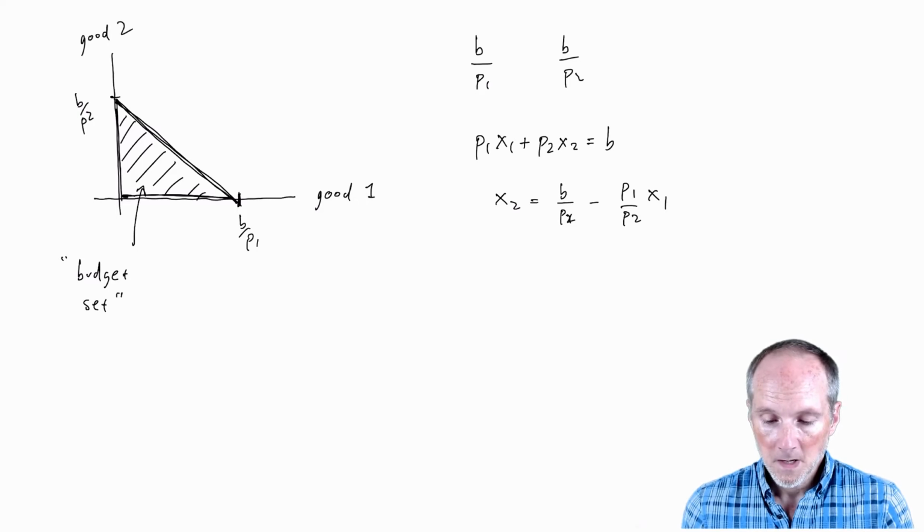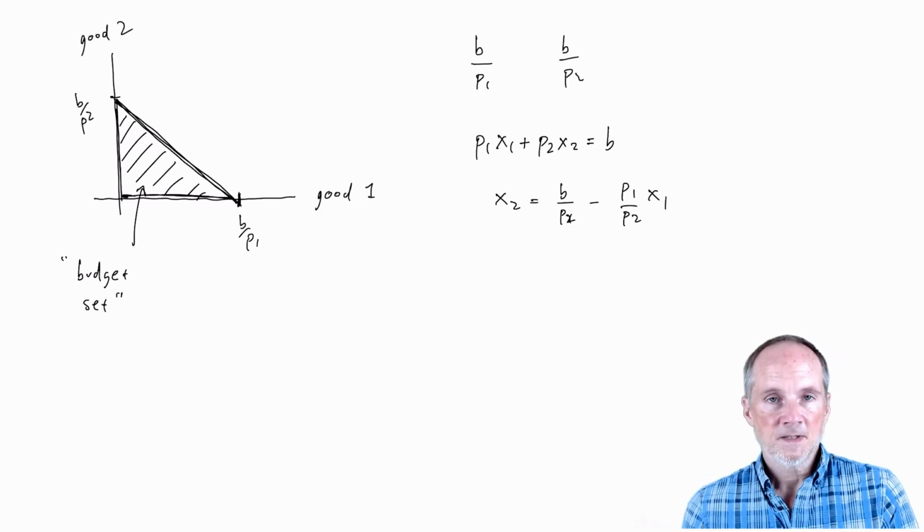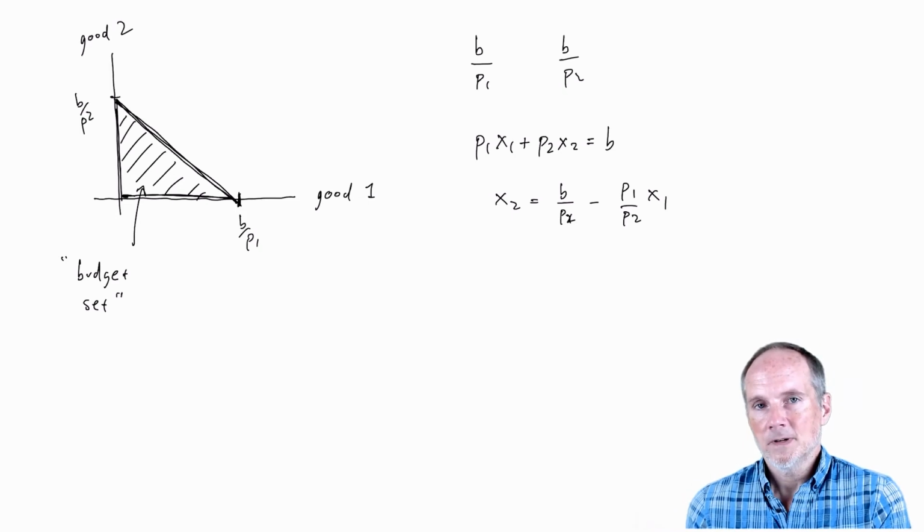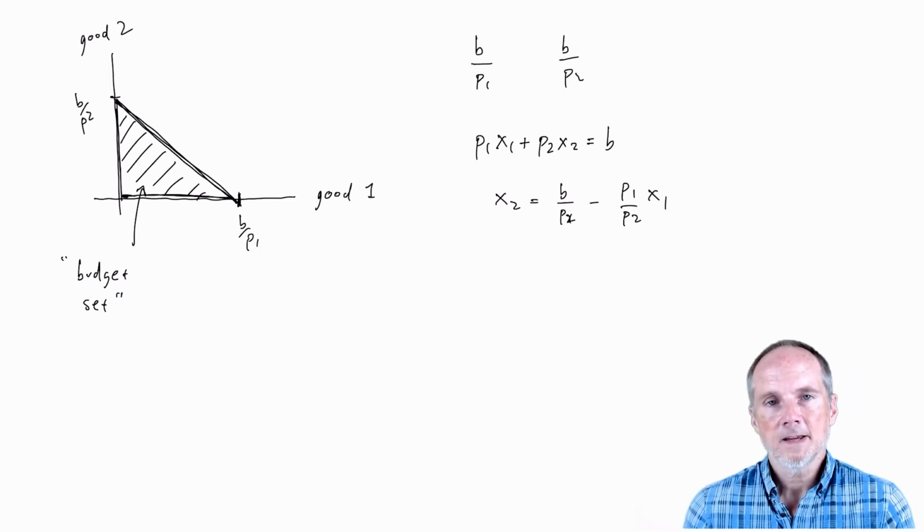Okay. Now, preferences for the consumer. So I want to define preferences over this whole non-negative quadrant of the Cartesian plane. Obviously, there's an infinite number of bundles in that quadrant, so I can't write down a ranking.